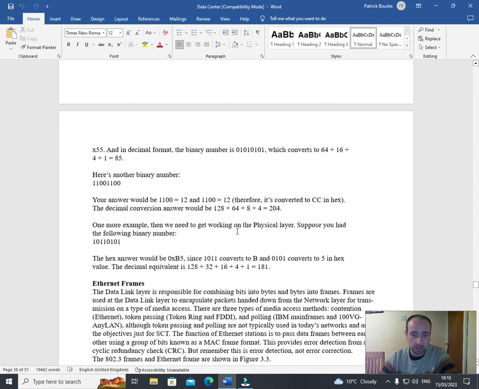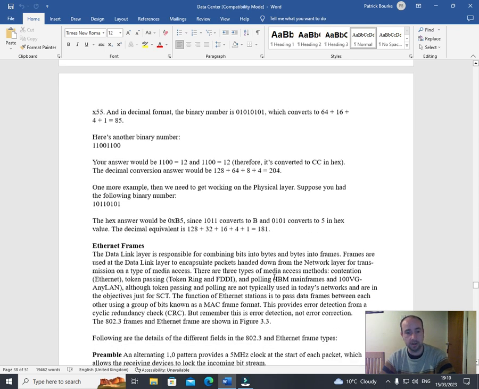Suppose you had the following binary number: 10110101. The hex answer would be 0xb5, since 1011 converts to B and 0101 converts to 5 in hex value. The decimal equivalent is 128 plus 32 plus 16 plus 4 plus 1 equals 181.